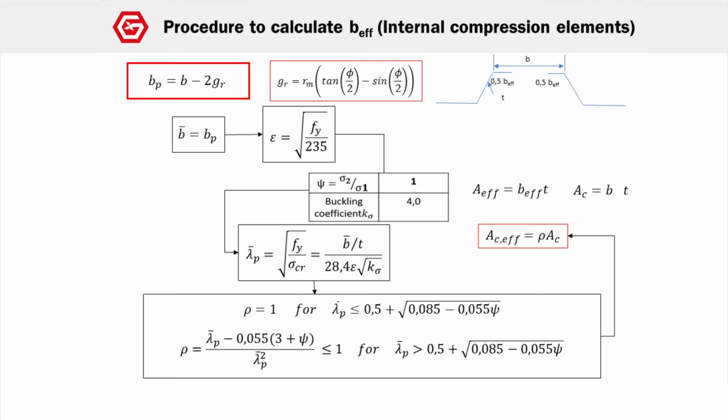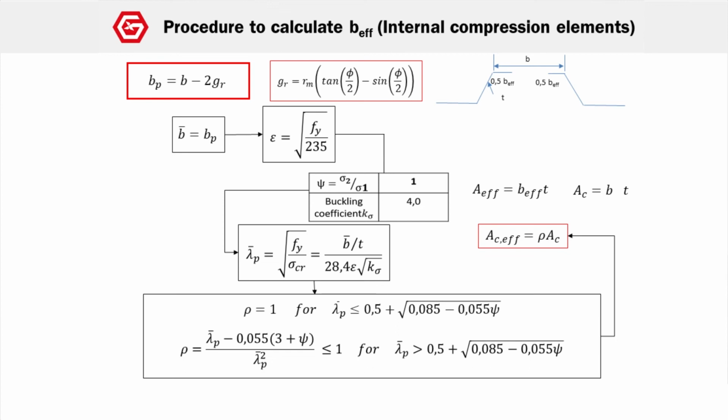As we study a compressed part with uniform compression, we have psi equal to 1, and we know now that K sigma is equal to 4. After that we find the formula of lambda p bar, a function of the square root of Fy divided by sigma critic, and it is the expression that we demonstrated some slides before. And after, we have a criterion to define rho.